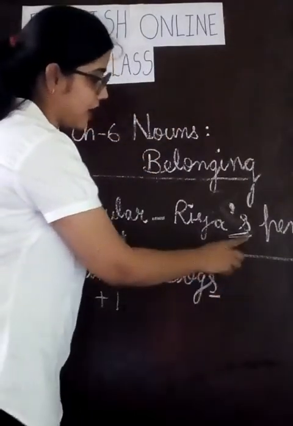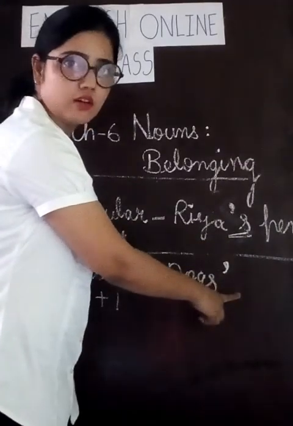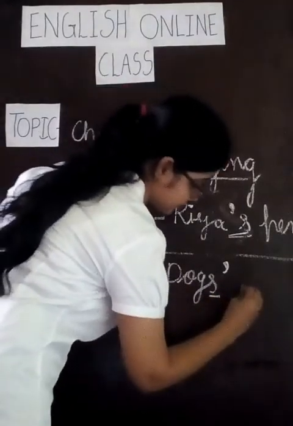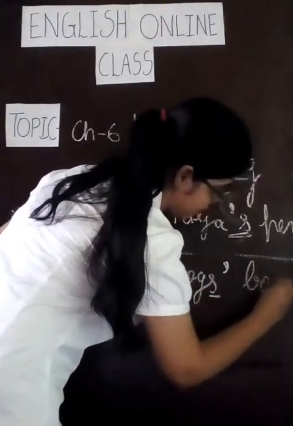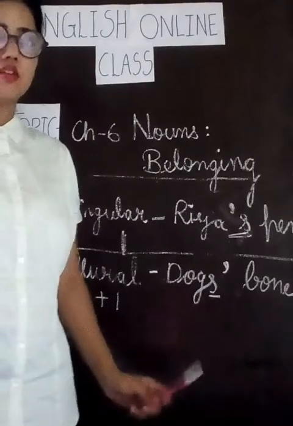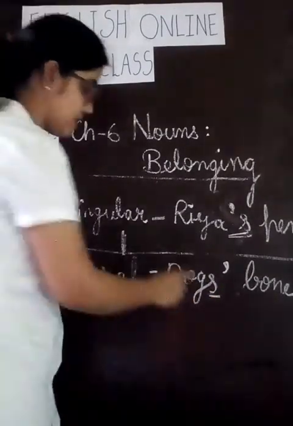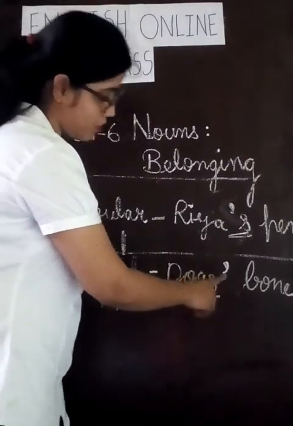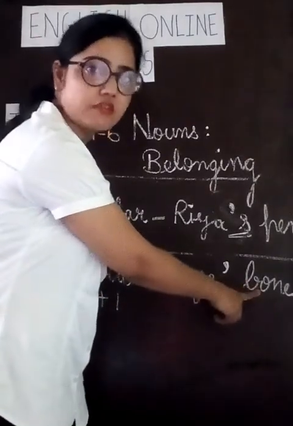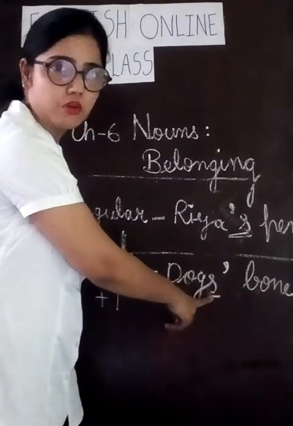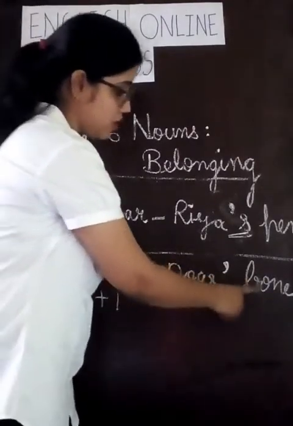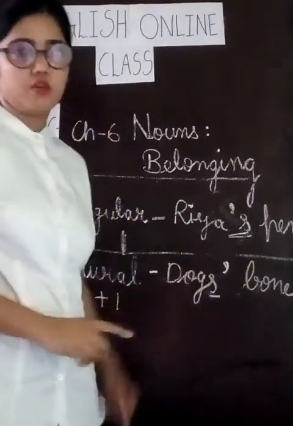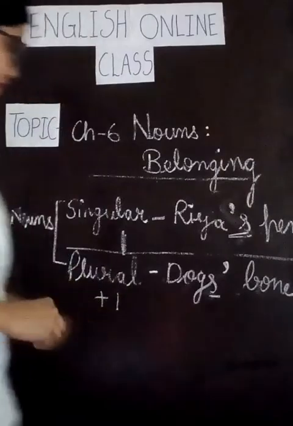We will not write this s again. Suppose dogs' bone. It is already plural and it ends with s. So we will put an apostrophe and then write the object which belongs to this noun. Dogs, s is already there, apostrophe, bone. Dogs' bone. All right.